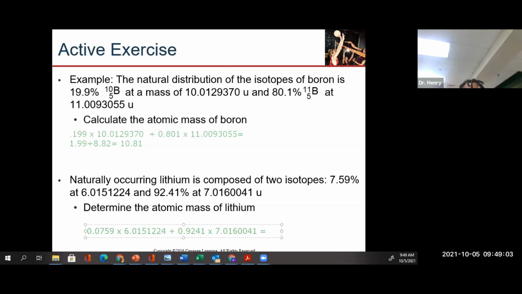That's going to equal... So how many sig figs do we have here?